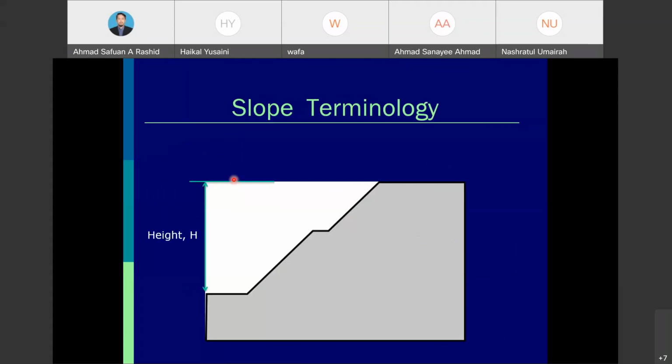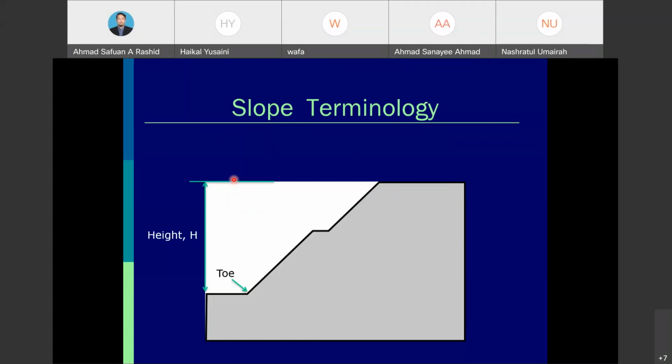In this case we call it a finite slope, because it has a toe and it also has a top. So there is the height of the slope, and then there is the toe, the lowest level of the slope geometry.